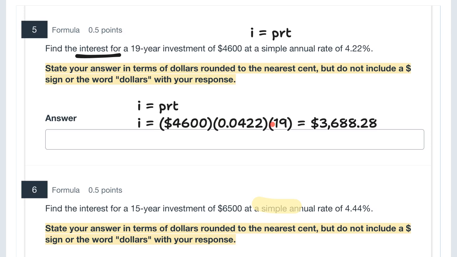Super simple, super straightforward. Do it a couple of times, right? Make sure you type numbers into your calculator correctly and in our box. 3,688.28. So I'm going to try it again. 4,600 times 0.0422 times 19. 3,688.28.